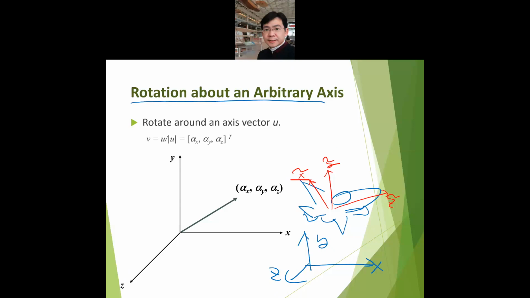So if you play a video game, you would like to pull up the head or tip of the airplane, right? In this case, what you do is rotation around the local x, right? Because you want to pull up. And sometimes you do a rolling this way. It is actually rotating around z here, this is the local z, the z of the airplane.